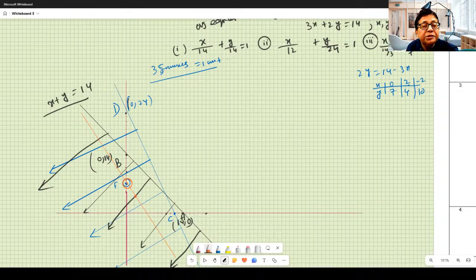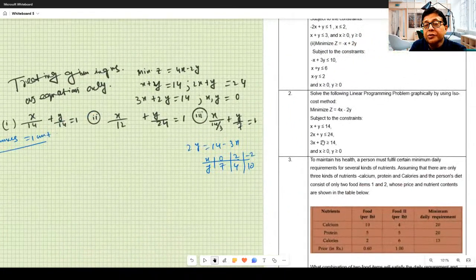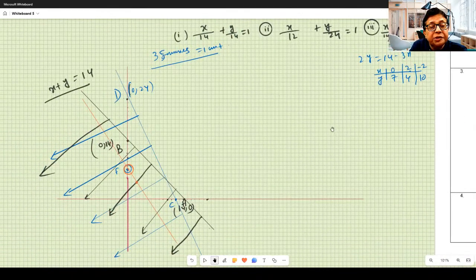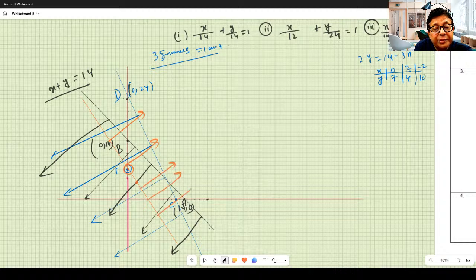This is greater than or equal to 0, and 0, 0 will not satisfy this, no? The line is greater than or equal to. You have the worksheet, you check. 0, 0 will not satisfy. So region will be directed away from origin. Okay, away.